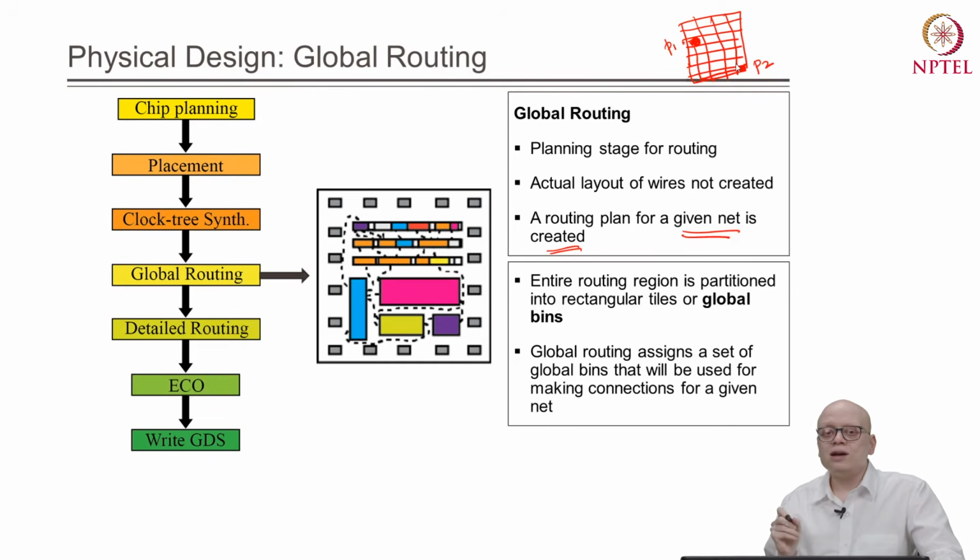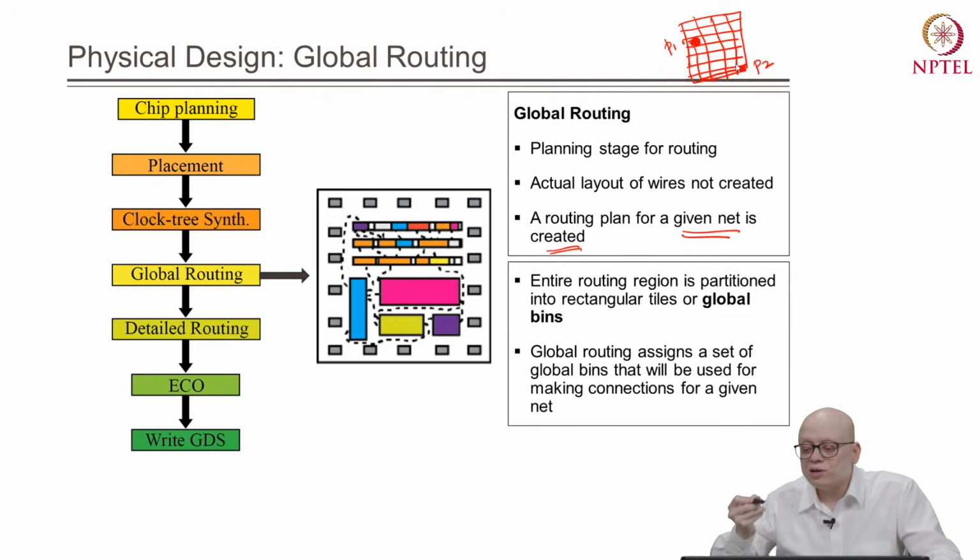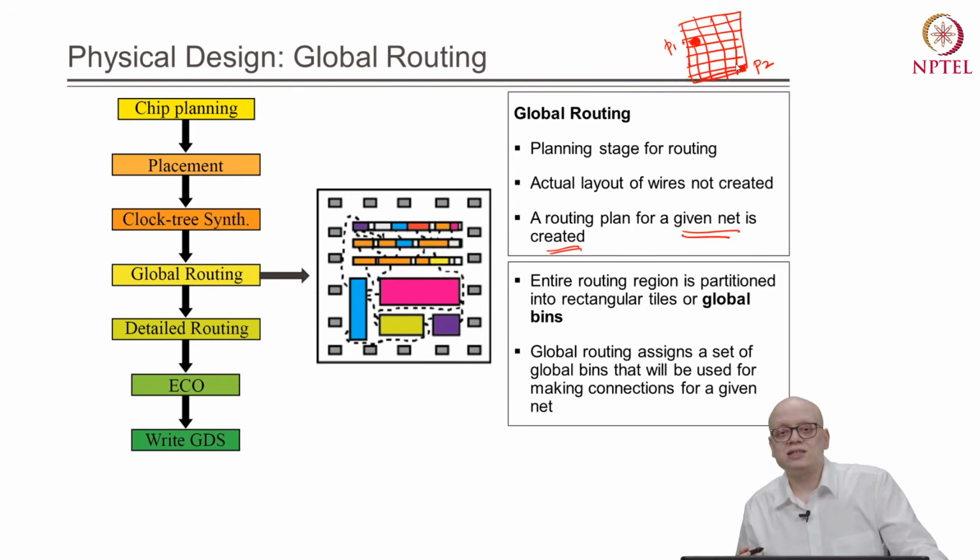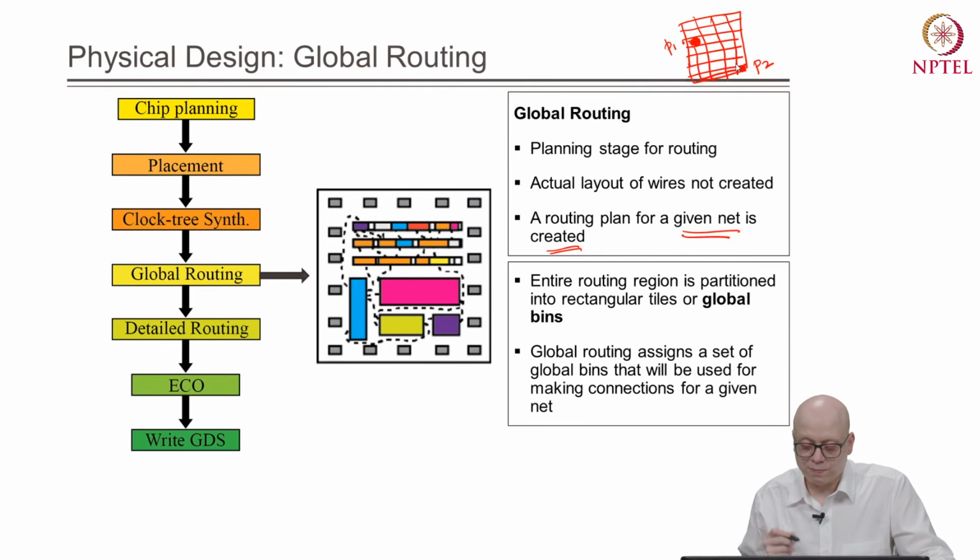So, actual routing is not done, it is just planned that for routing this particular net, I will go through these global bins. This is a kind of planning stage for the routing step.